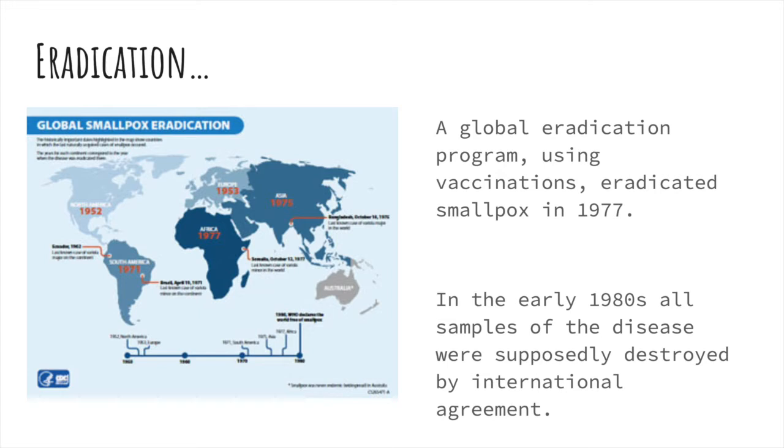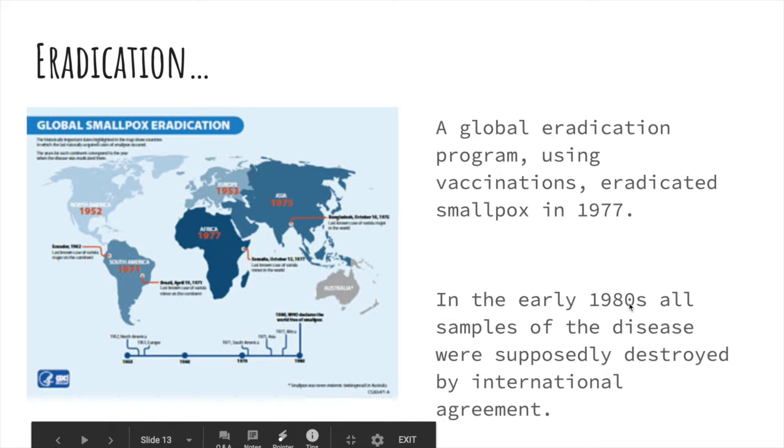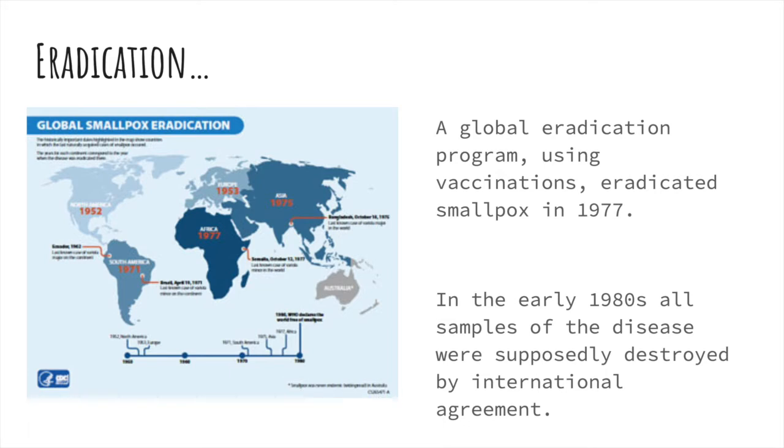So it is a perfect biological weapon. But in the 1980s, even these samples were destroyed. And so supposedly, at the very least, depending on how you trust those governments, there are absolutely no more smallpox examples in the world. It's completely gone.